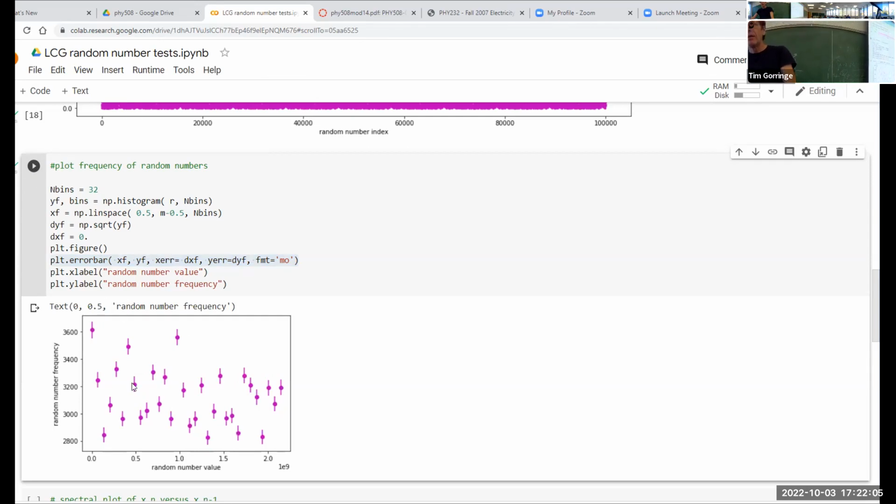And so here's the result. We had 100,000 random numbers, and we divided the range into 32 bins. So we expect approximately 3,000 counts per histogram bin, a little more than that, which is what we get. But I think you'll notice that the error bars we're assigning seem to be small compared to the scatter.